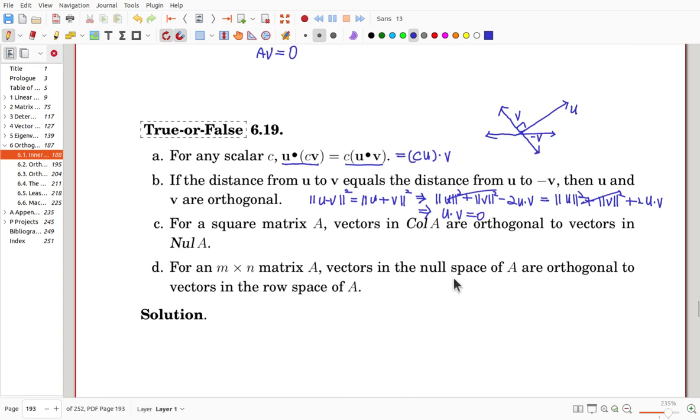But you should not be confused with the column space of A and the null space of A, so they are different. One is false and the other is true. Okay, that's it. Thank you.